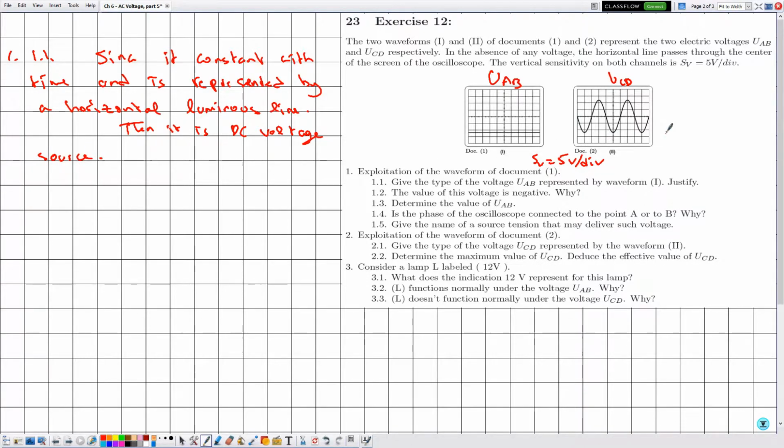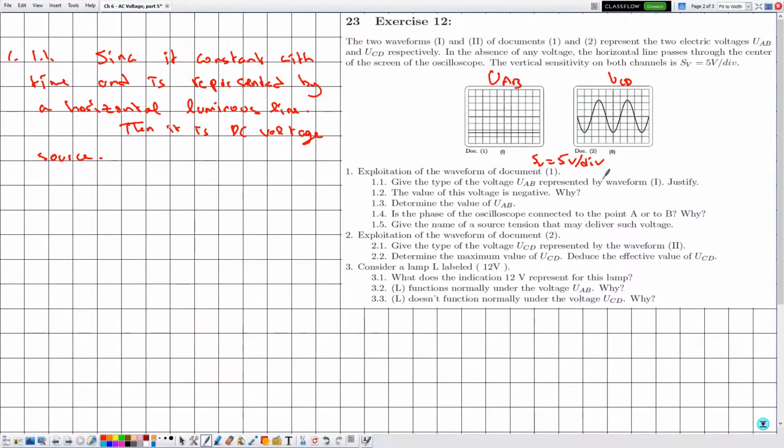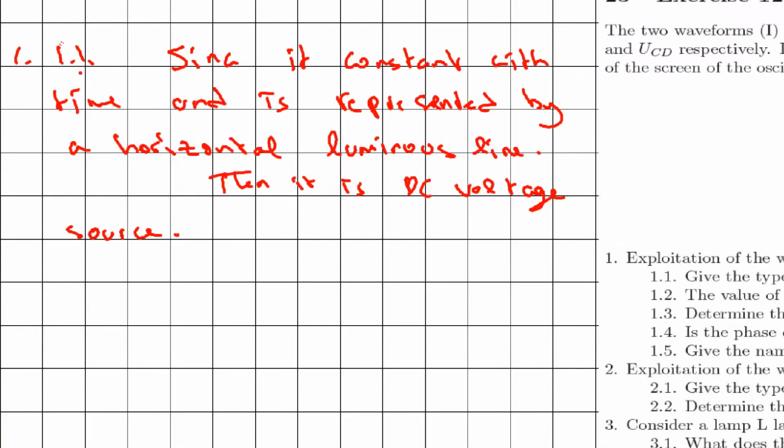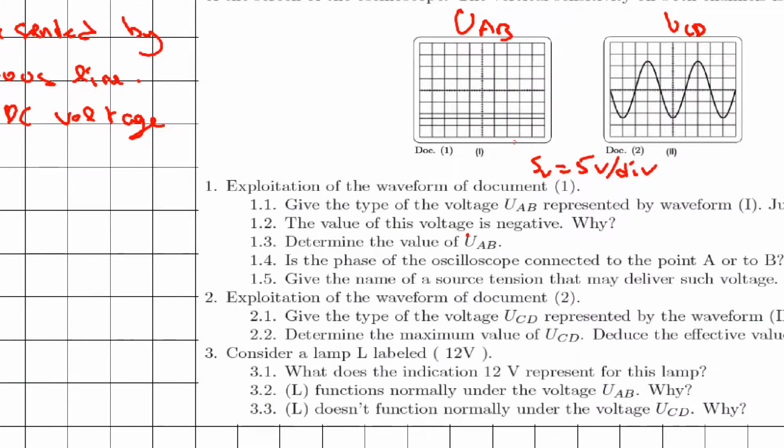Whenever they ask us why it is a DC, or if we have this shape of curve and they ask about the justification of the type of the voltage, we can always refer to this answer. And here there is no need to discuss whether it's negative or positive, because the sign will be discussed in 1.2.